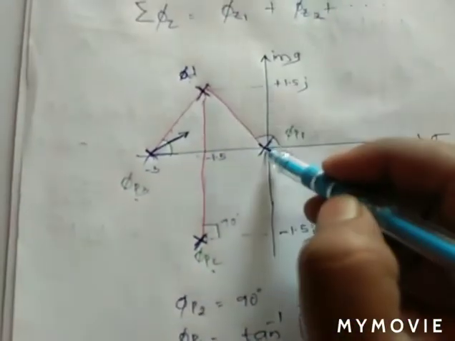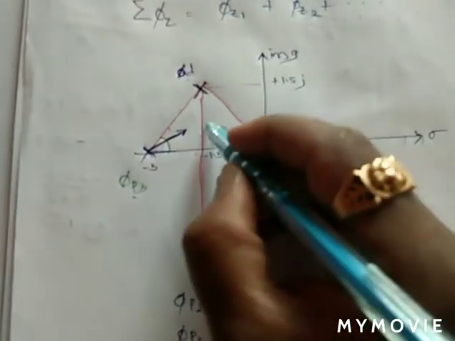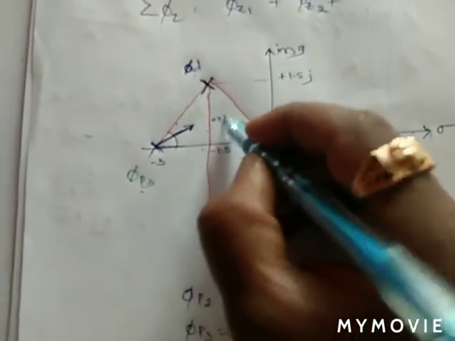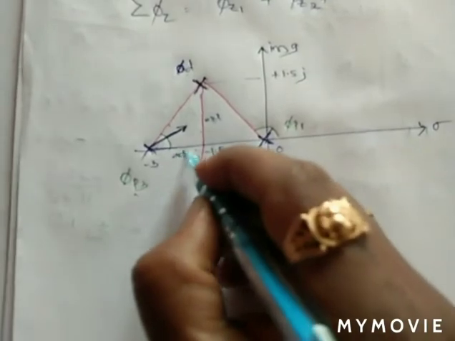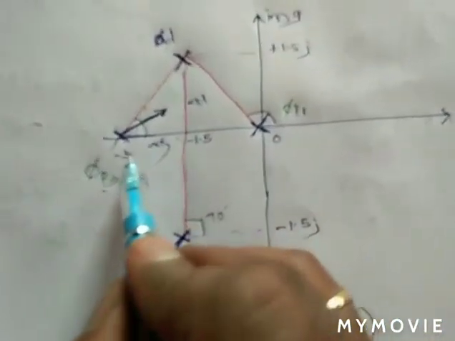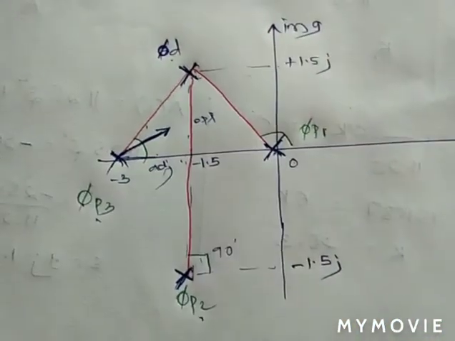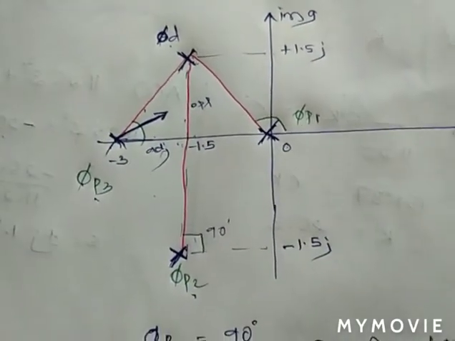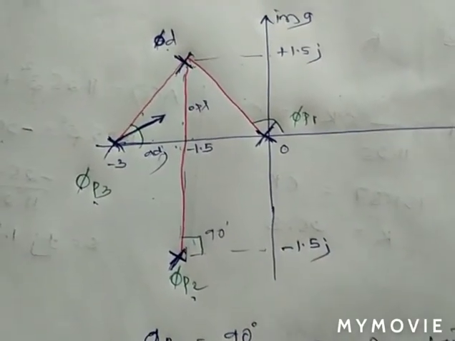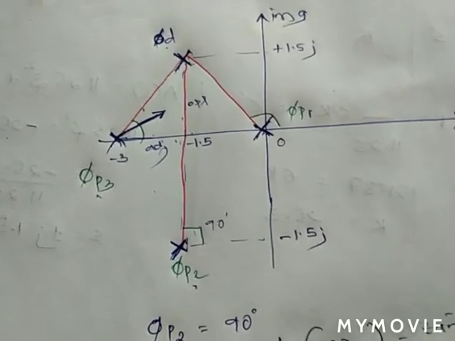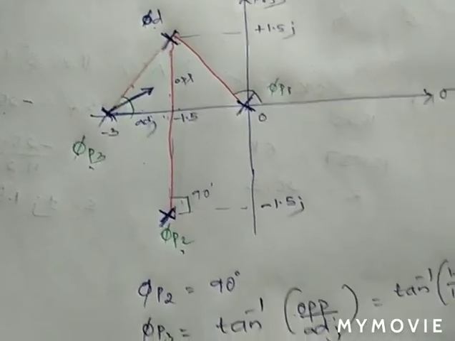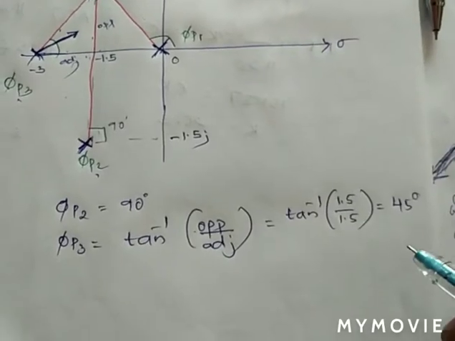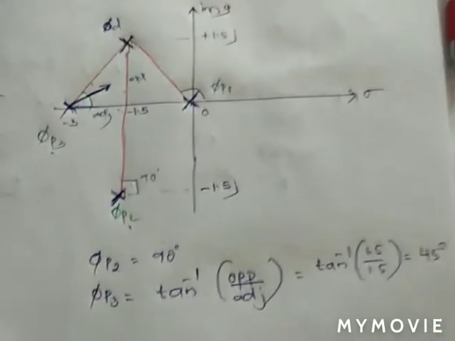How much is the opposite? Measure it, 1.5. Then this is the adjacent, measure it, again 1.5. So tan inverse of 1.5 by 1.5, that is 1, you will get 45 degrees.